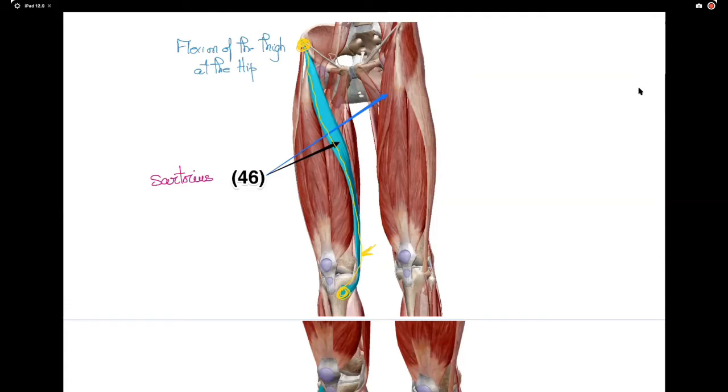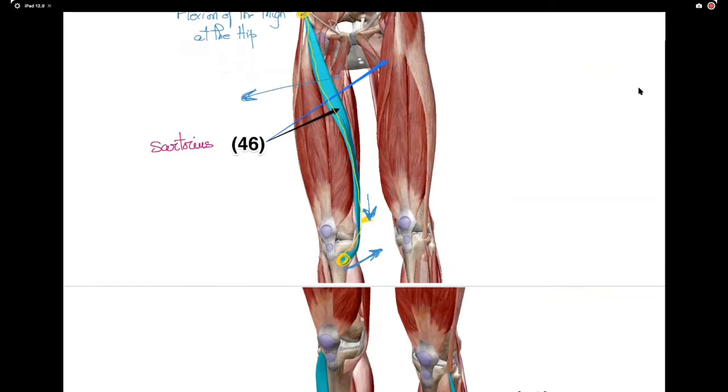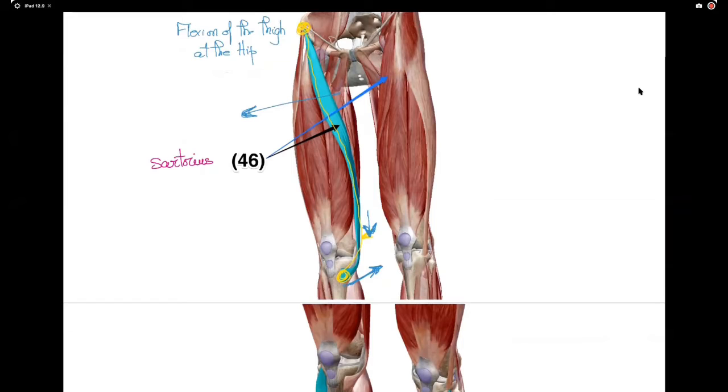And as you see, it's traveling posterior to the knee joint. So it's going to be pulling the leg to move backwards. So what action will it be performing? It pulls the thigh forwards, but it pulls the leg backwards. What action would I be performing on the leg? Also flexion.